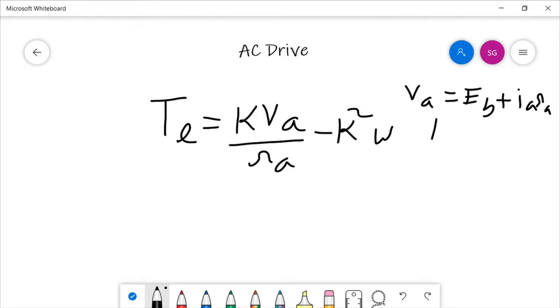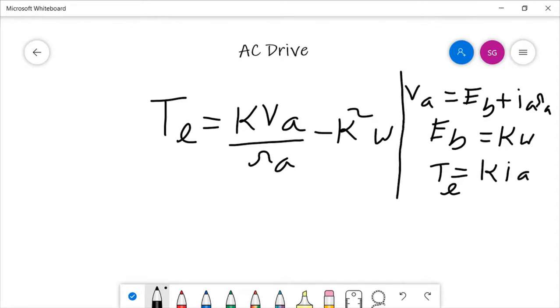EB is equal to K into omega, where K is the machine constant, and the electromagnetic torque is equal to K into IA. With these three equations, we can always derive this equation, which tells us the relation between the electromagnetic torque versus omega.